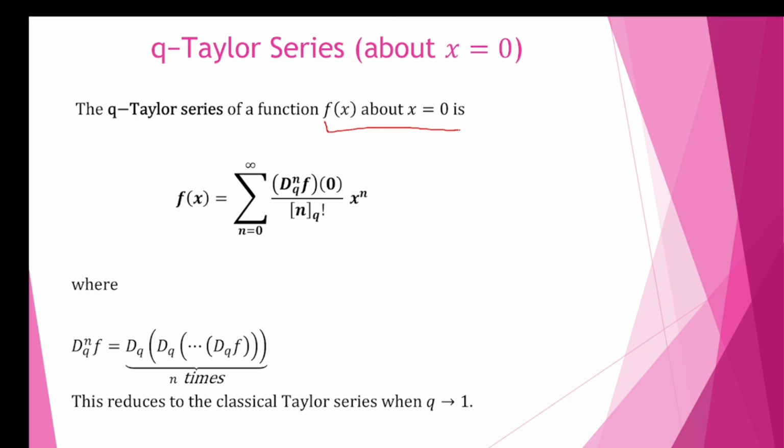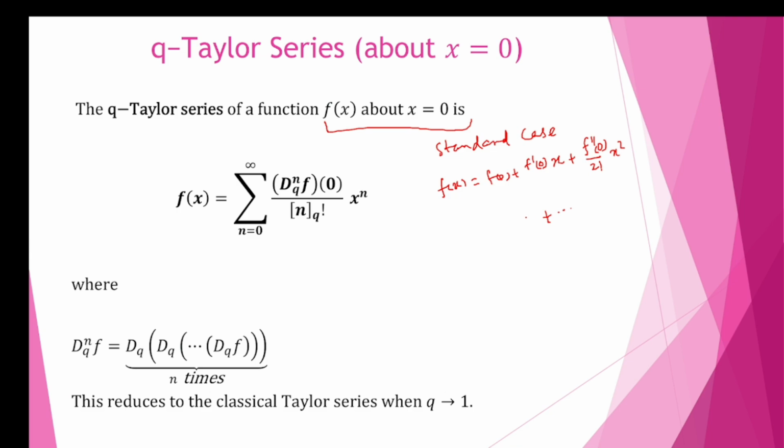So here we are finding the Taylor series about x equal to 0, and we know that in the standard case, f of x is f of 0 plus f dash 0 x plus f double dash 0 by 2 factorial x square and so on.